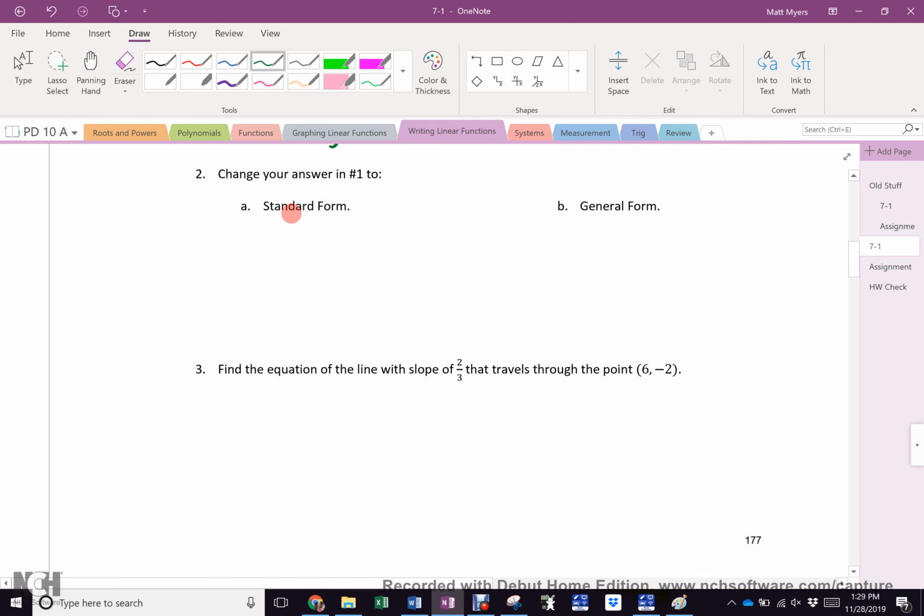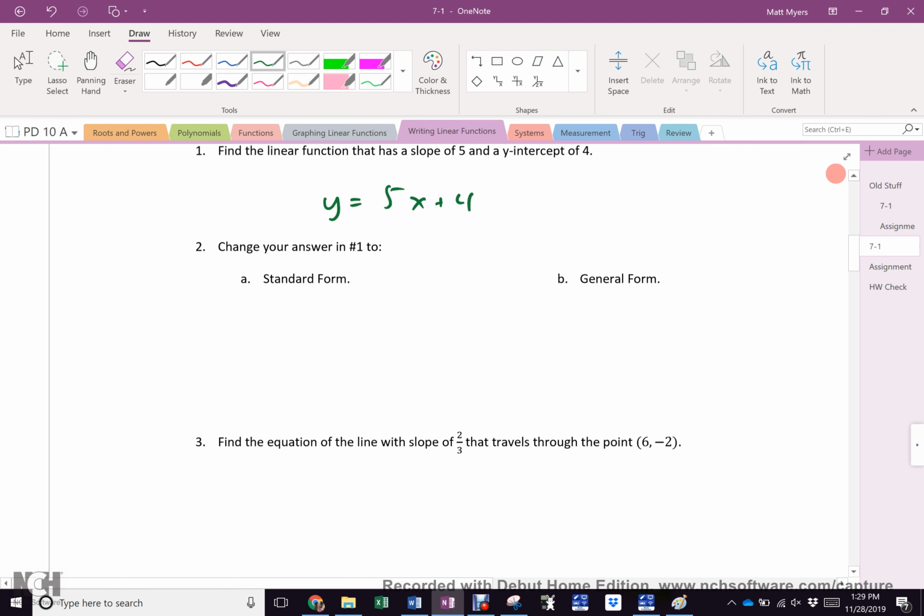All right. So now we're going to put that in standard form. So what do I got to do? Jordy, what do I got to do? Well, you have to isolate the y-intercept. To go into standard form? Well, yeah.